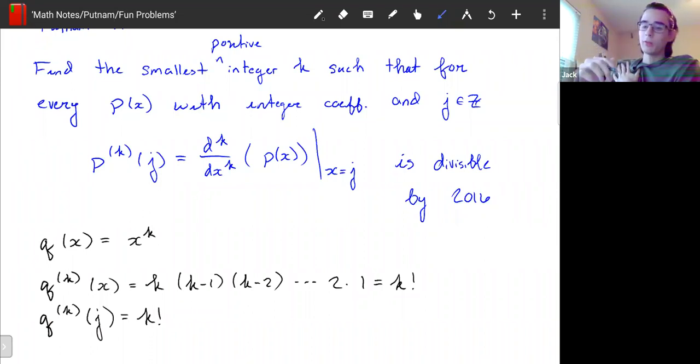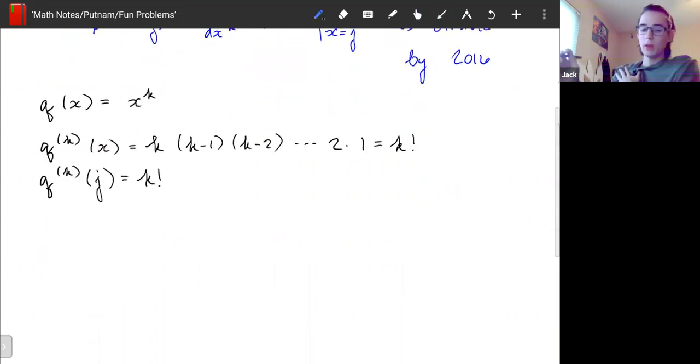Because we have to find the smallest k such that any polynomial, when evaluated at j, is divisible by 2016. So this is a particular polynomial we have here, and we've chosen a particular j here. So we have to see exactly when this is divisible by 2016.